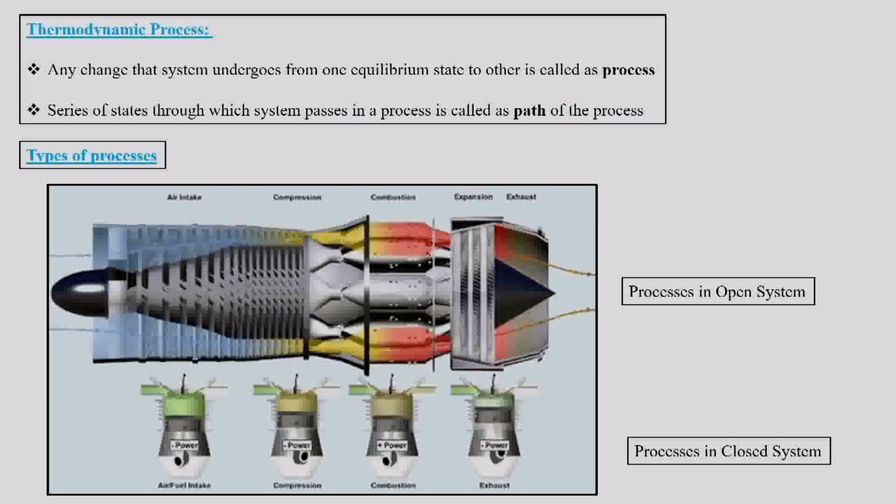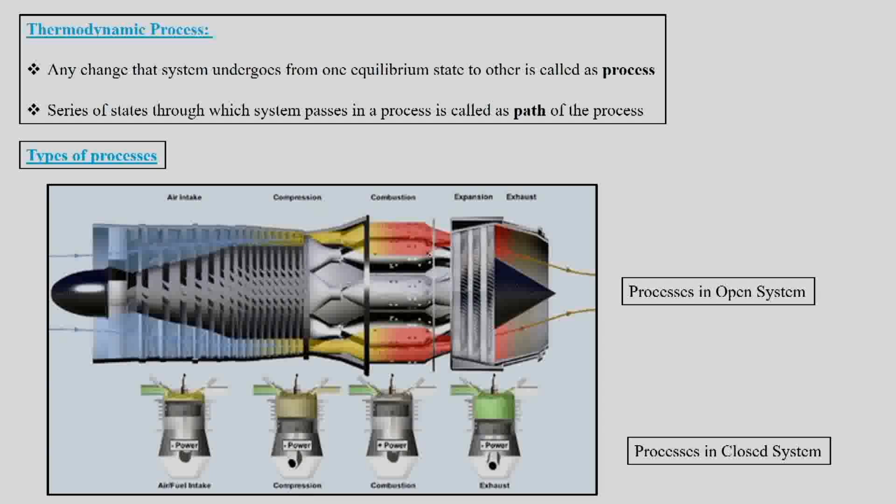Similarly, there is a process as we can see in throttling or in a refrigerator, called the isenthalpic process, where the system would retain its enthalpy during the process. So there are different names of processes based upon the properties which remain constant, or the properties which are focused on under the action of the system.